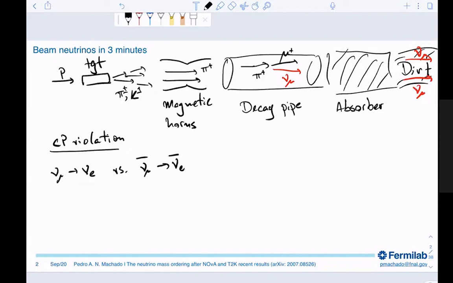Imagine that you only had 2 neutrinos. So the probability, let's say for nu mu's to go to nu e's, would typically be something like a sine square of a mixing angle, and then an oscillation phase. Let me know if you cannot read my handwriting as well. And if you have any questions, just stop me at any point.